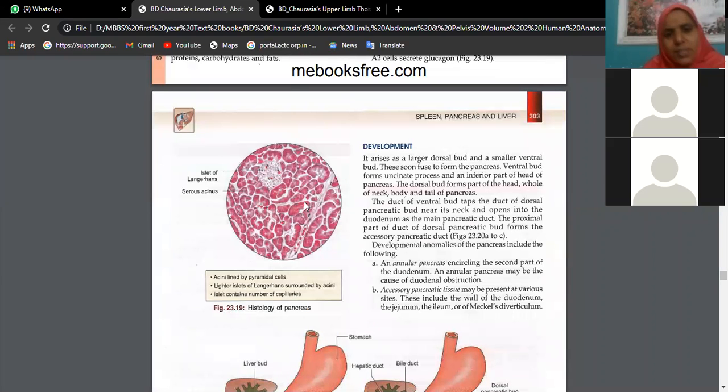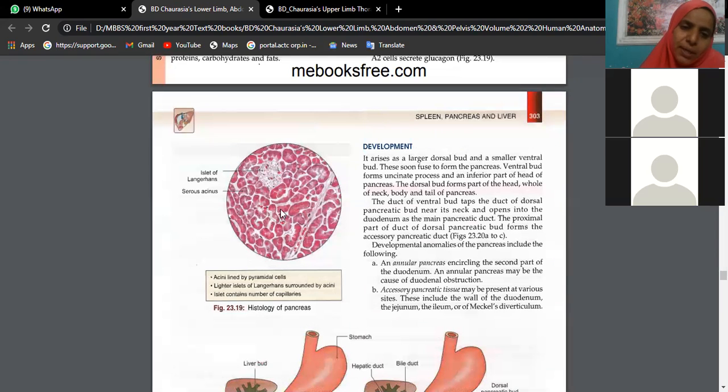All serous acini because they are all concerned with the secretion of pancreatic juice. In between you will have ducts because the exocrine part will have the main pancreatic duct. So intralobular and interlobar ducts finally drain into the main pancreatic duct.